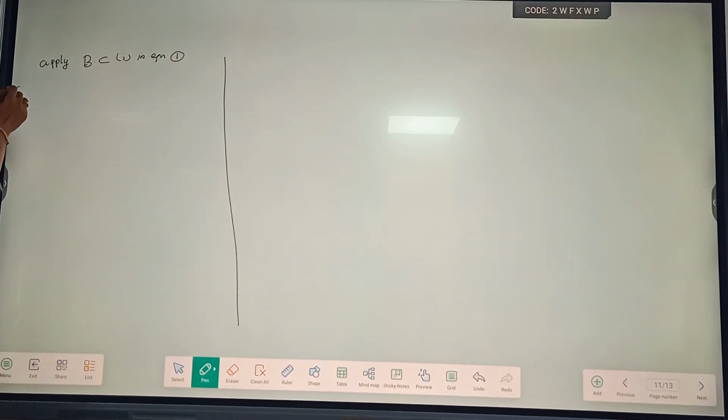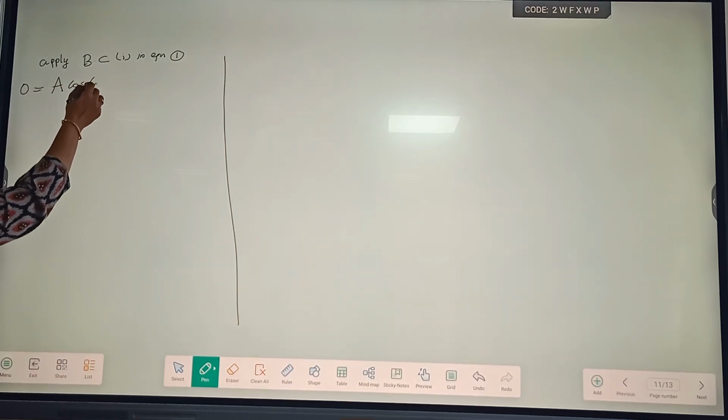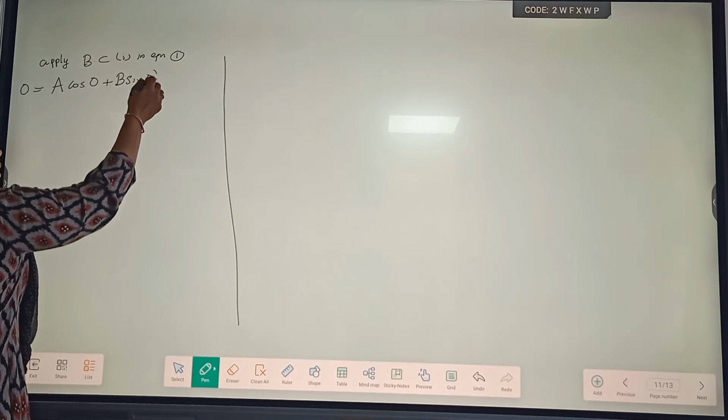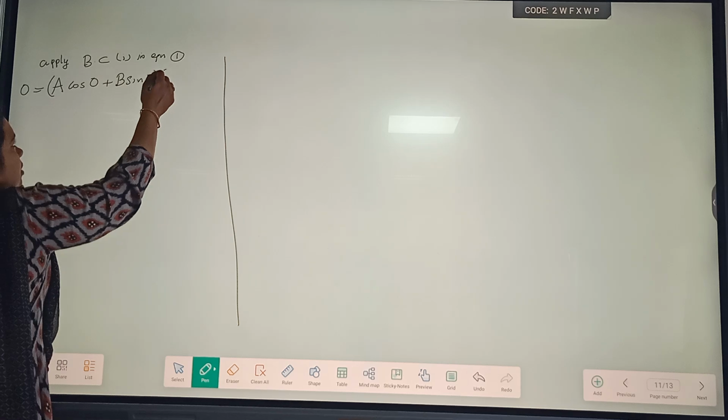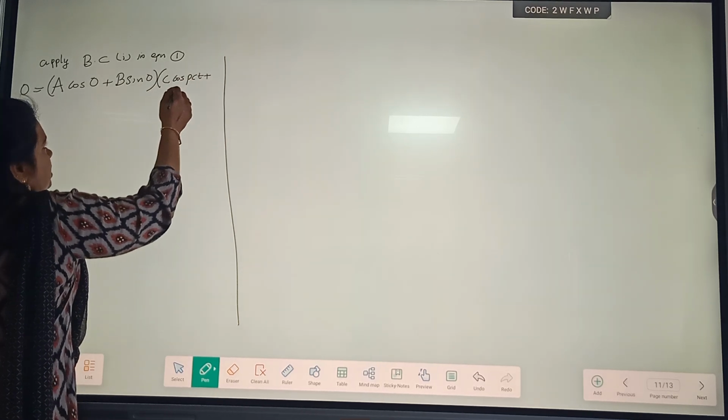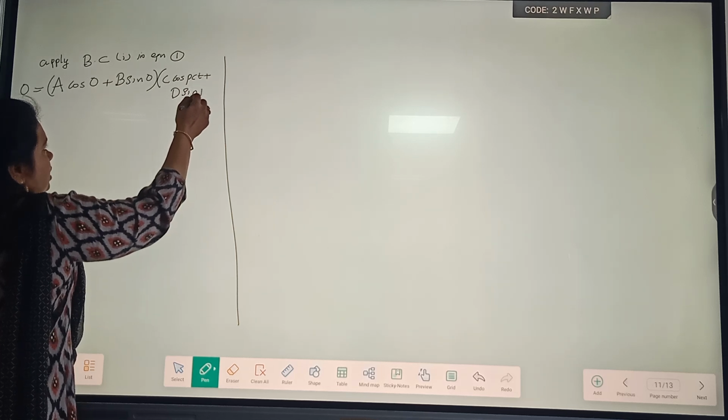So 0 equal to (A cos 0 plus B sin 0) into (C cos pct plus D sin pct).